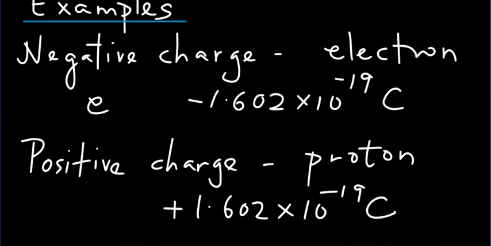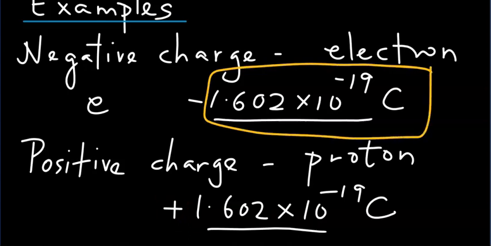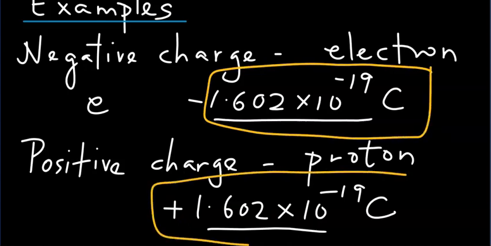So you see the magnitude of the charge of an electron and proton are the same. The only difference is in the sign of the corresponding charges. This value, 1.602 times 10 to the power minus 19, is a natural unit of charge. So every amount of observable electric charge is a multiple of this basic unit.